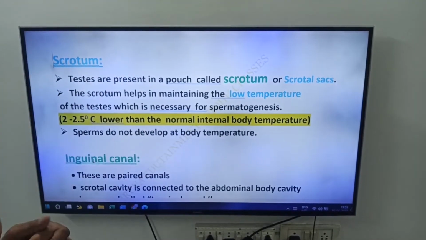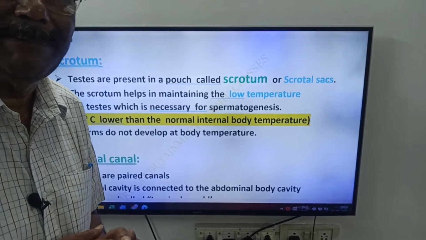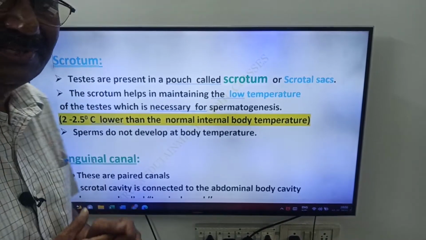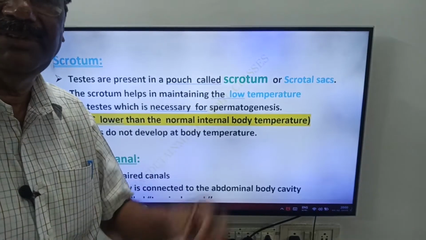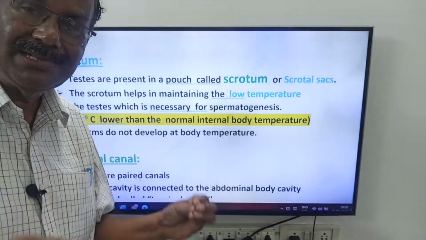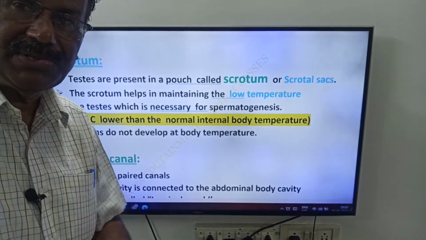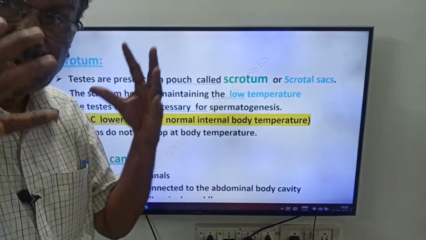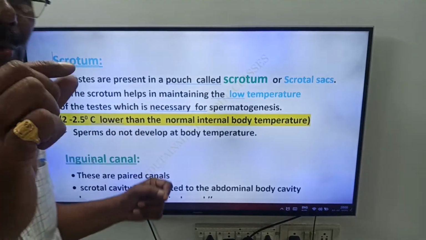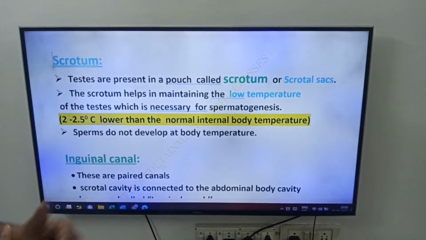This scrotum helps in maintaining the low temperature of the testes. This is very, very important. Why are the testes present outside the abdominal cavity, in the scrotum? The scrotum maintains a low temperature of the testis.